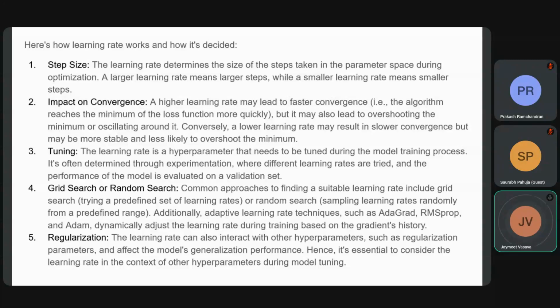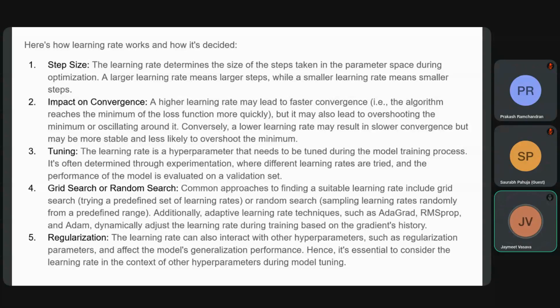Conversely, a lower learning rate may result in slower convergence, but may be more stable and less likely to overshoot the minimum. Now, even though the lower learning rate can help, making the learning rate very low can also impact.